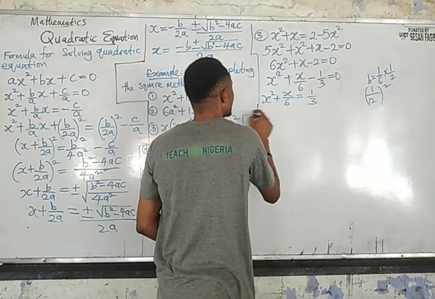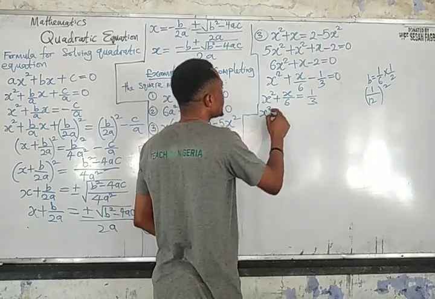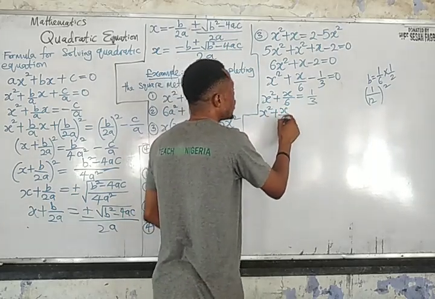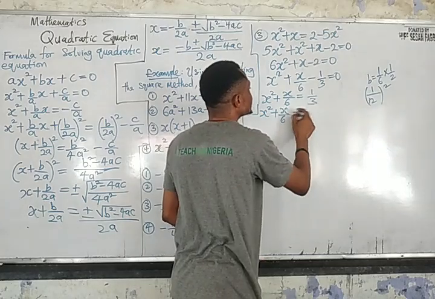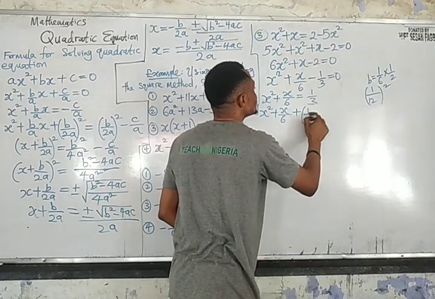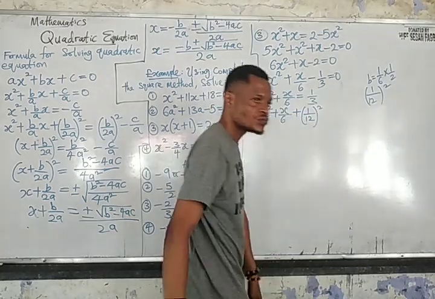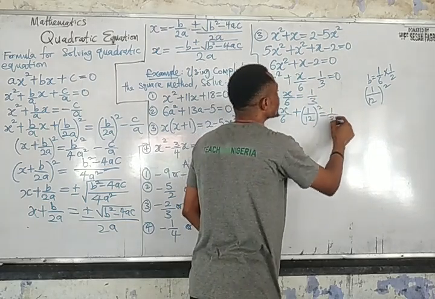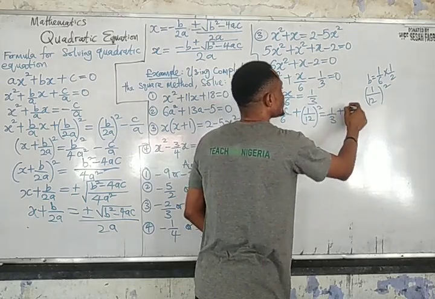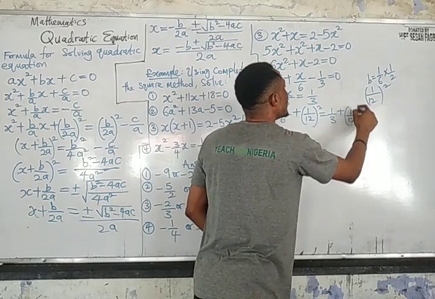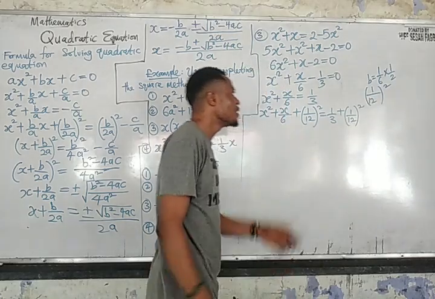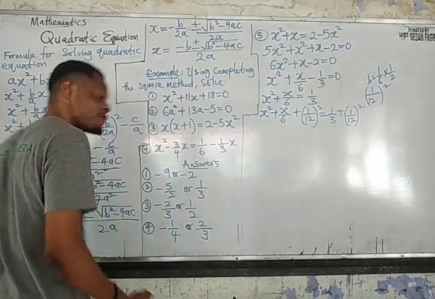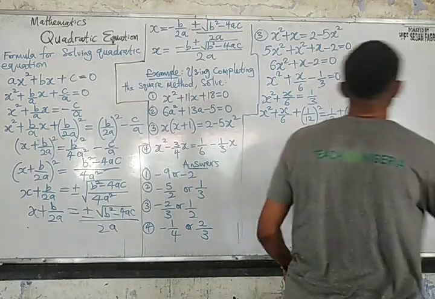So moving on, we have x squared plus x all over 6. Now plus this, 1 all over 12 raised to power 2, equals 1 all over 3. Then plus 1 all over 12 raised to power 2. Let me rub off that please to avoid confusion.